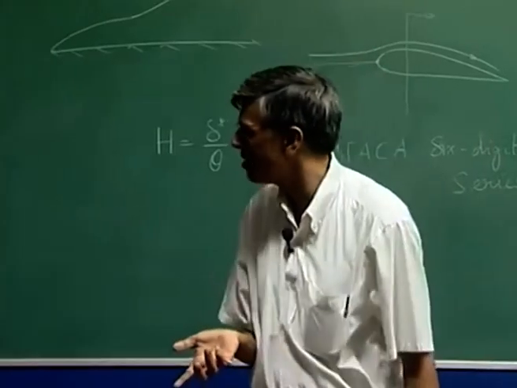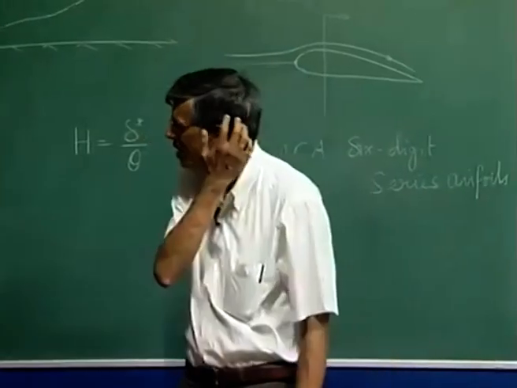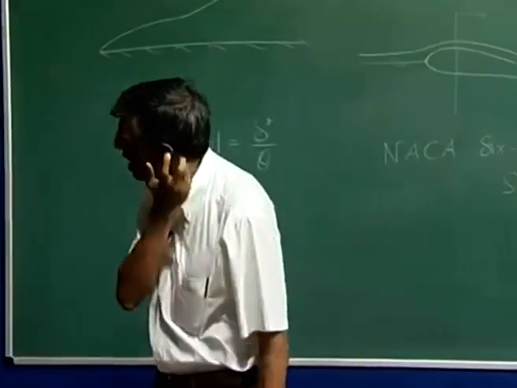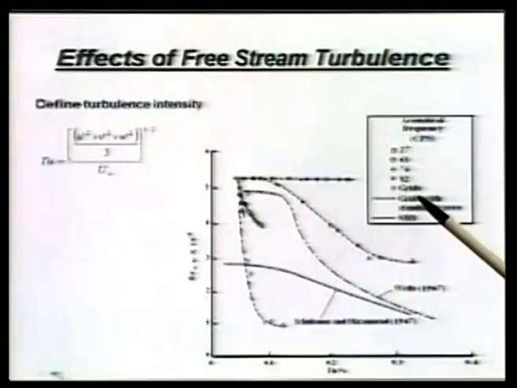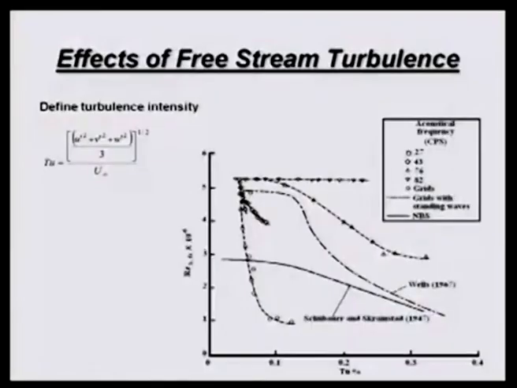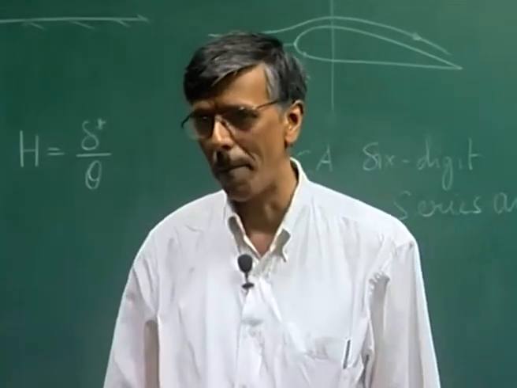So, this is something that you should keep in mind, and there are some results which also talked about where you created a kind of a standing wave. See what happens if I am doing an experiment in a wind tunnel.